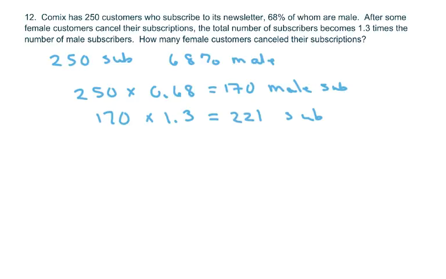Now this is where you have to pause and make sure you solve for the right thing. The question asks for the number of females who unsubscribed. So basically you take 250, which is the total, minus the 221, and that gives you 29 females.